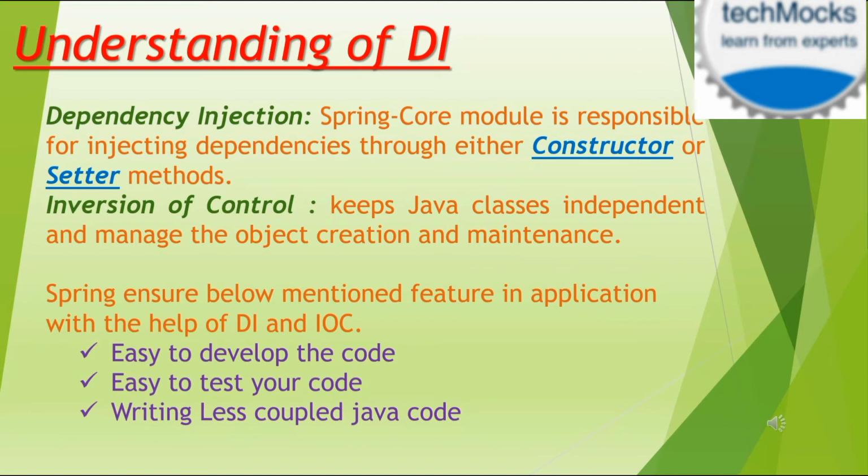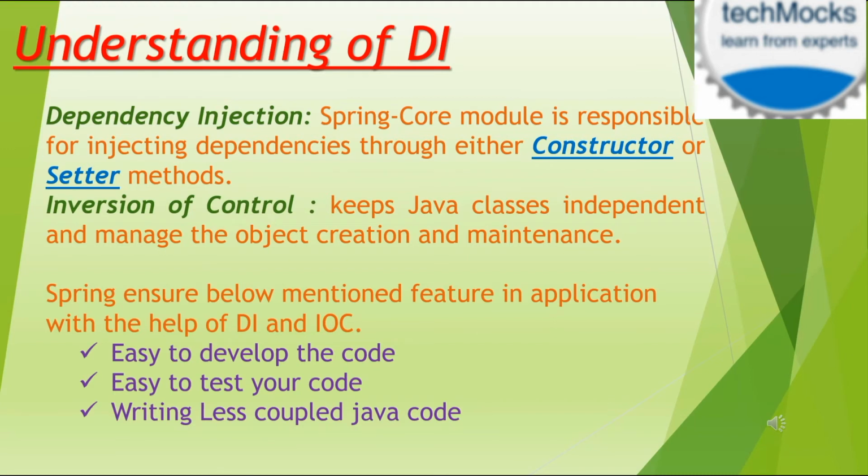Now let's talk about inversion of control. The main function of inversion of control is that it keeps the Java classes independent from each other, and it manages the object creation for all the classes being created. Dependency injection and inversion of control are two design principles.